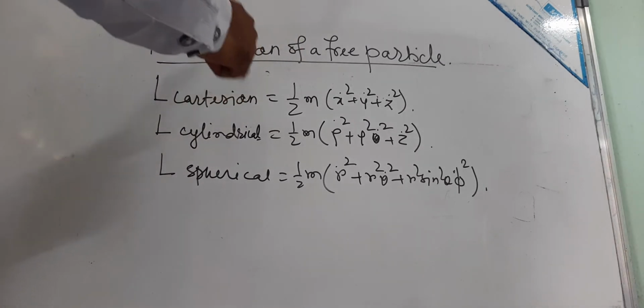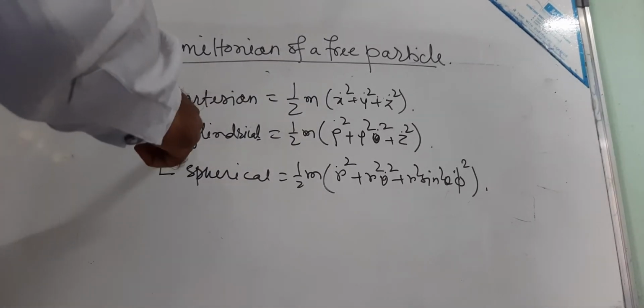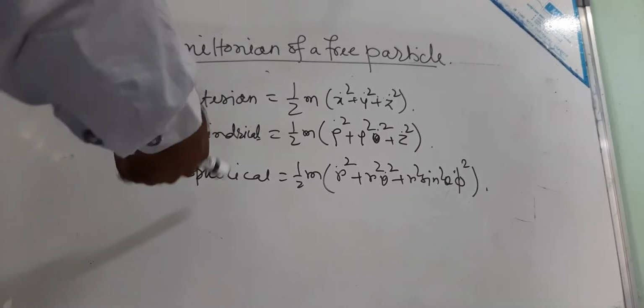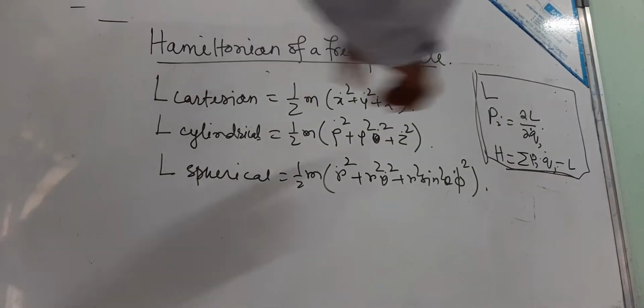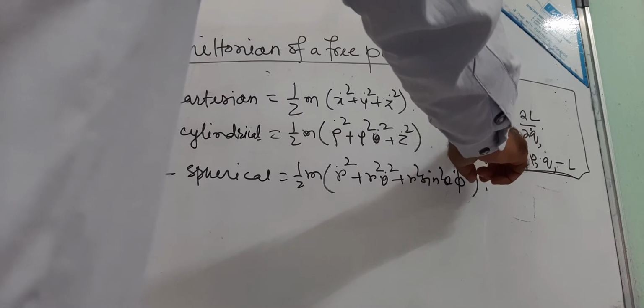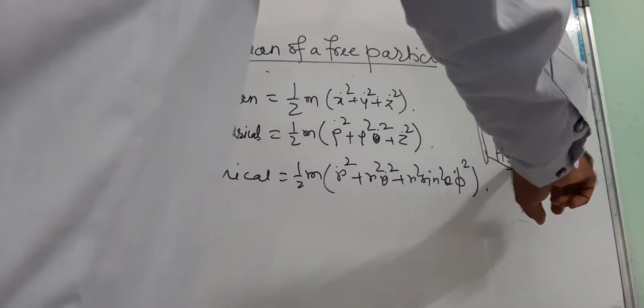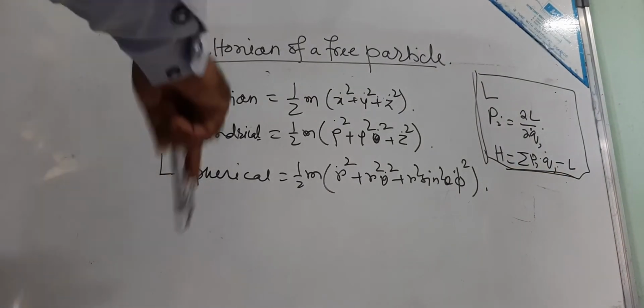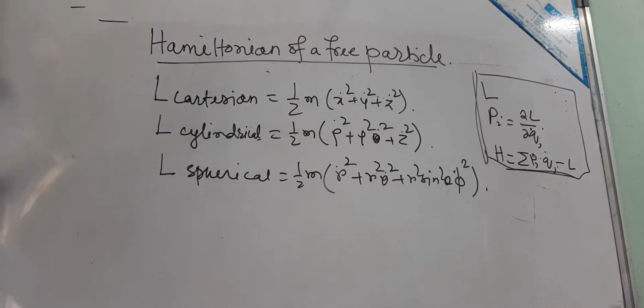To do that, first we find the Lagrangian, then the corresponding momentum, del L by del qi dot, and then the Hamiltonian H, which is the summation of pi qi dot minus L. These are the three steps required: the derivative of the Lagrangian with respect to the generalized velocity gives the generalized momentum, and then the Hamiltonian is found using this formula.